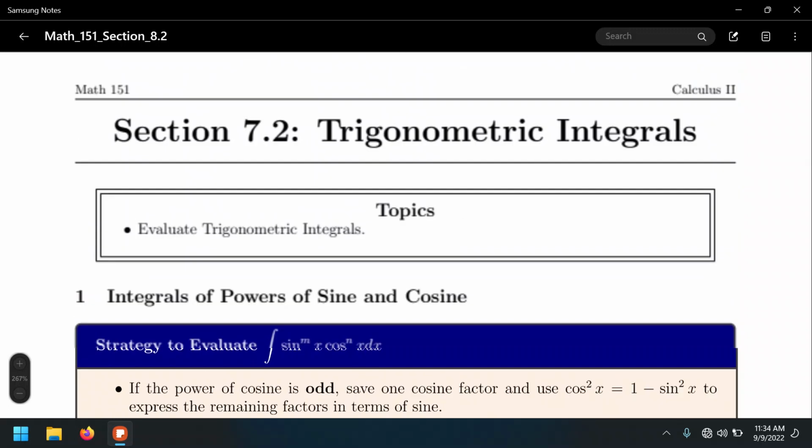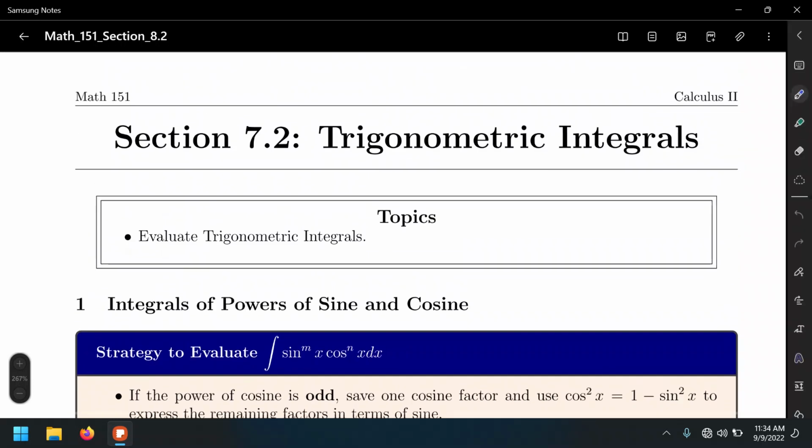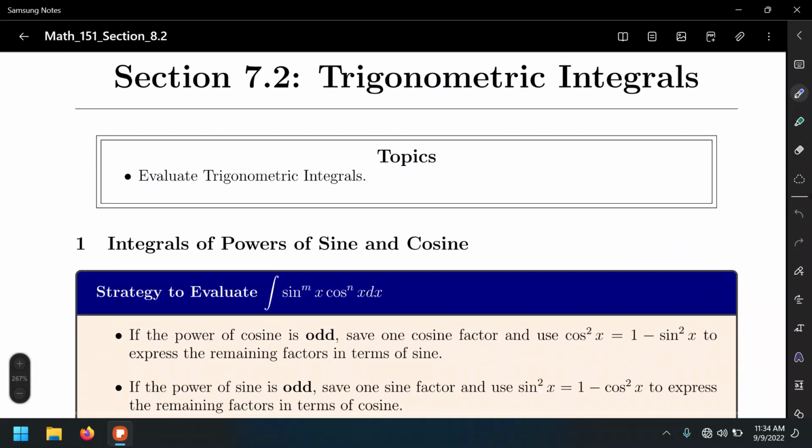So the next section is to compute trigonometric integrals. You already have some notions on evaluating trigonometric integrals, pretty basic ones that require a basic u substitution, even if we go crazy about sine x to the 200 or to the 275 cosine x dx.